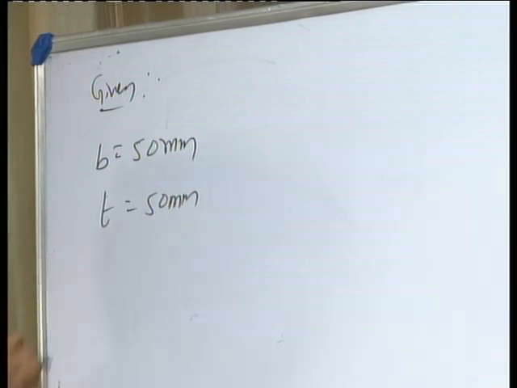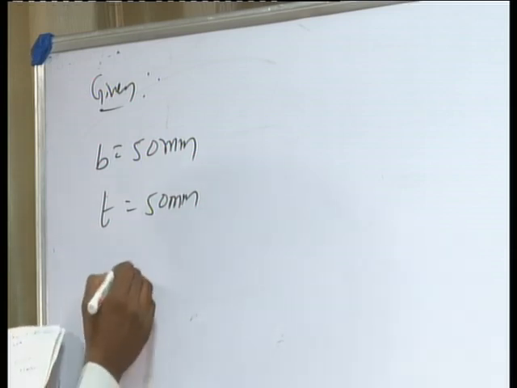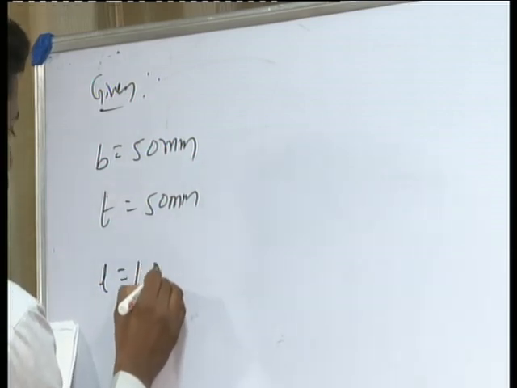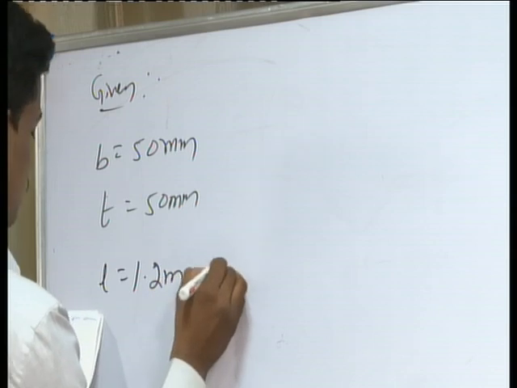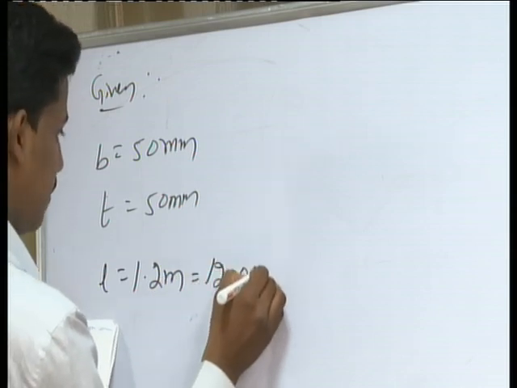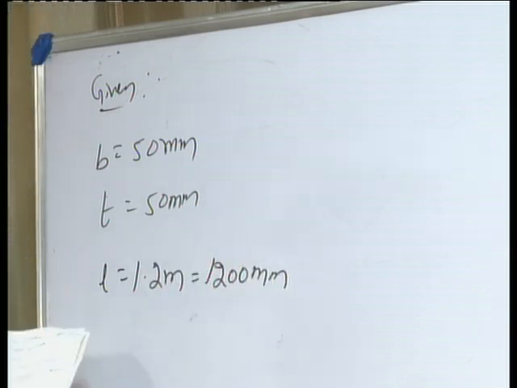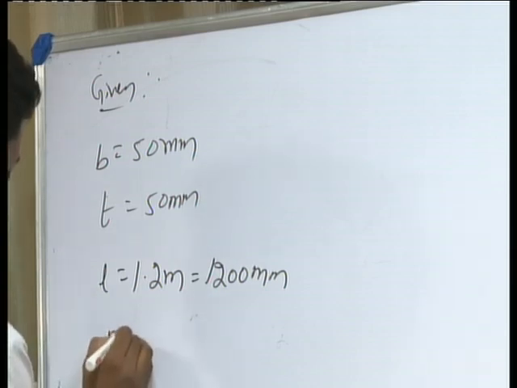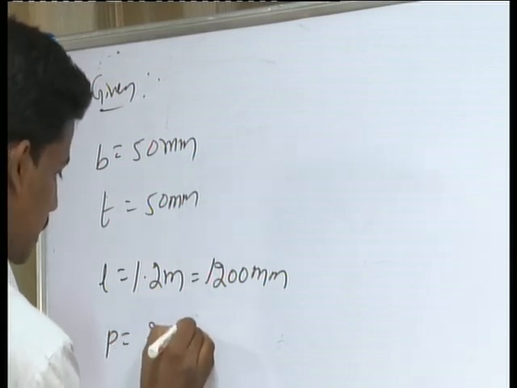It is given as a rectangular bar, not a circular bar, so both B and t are given. We have length equal to 1.2 meters, that is 1200 millimeters. We are given P is equal to 200 kilonewton.